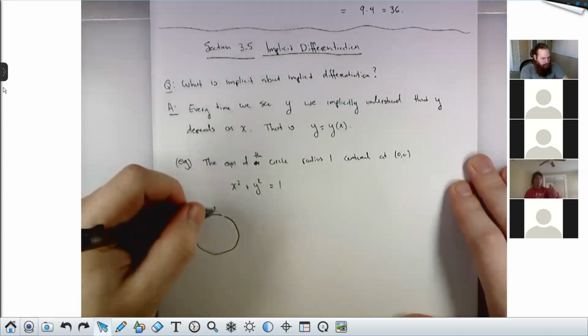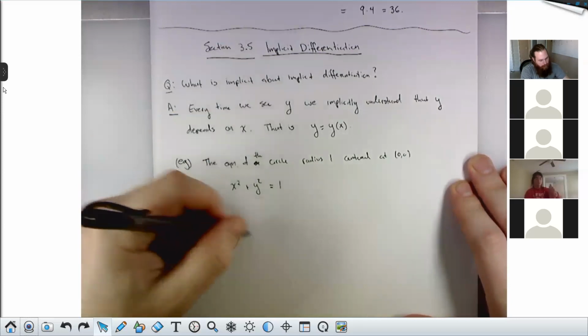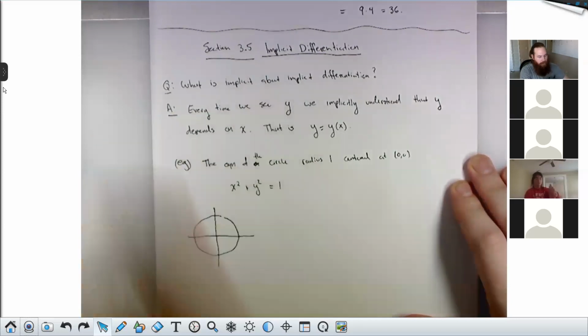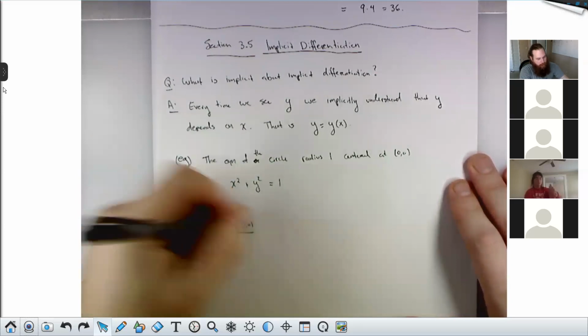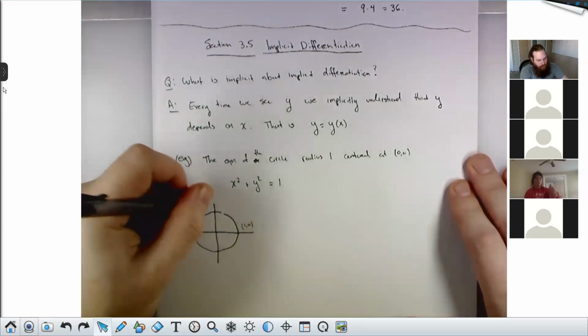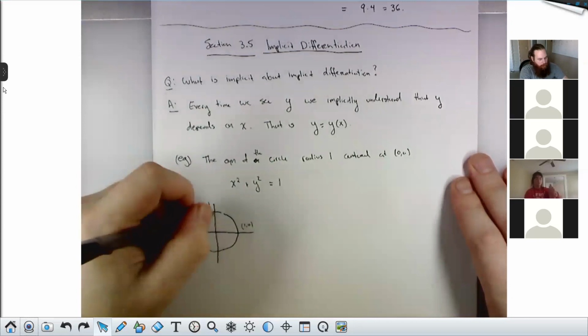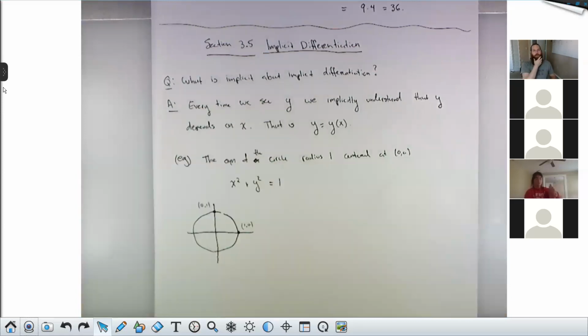This is not solved for y. I know what the graph looks like. It looks like this. All right, this is my unit circle, whose equation is x squared plus y squared equals 1. And it doesn't pass the vertical line test.